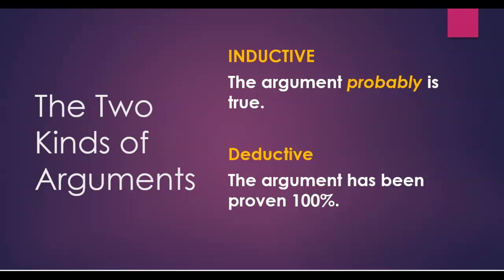A deductive argument is one in which the premise, the first sentence, infers, leads to a 100% conclusive claim. It has been proven 100%. So inductive means probably true. Deductive means 100% true. The first sentence has proven conclusively 100% the conclusion.